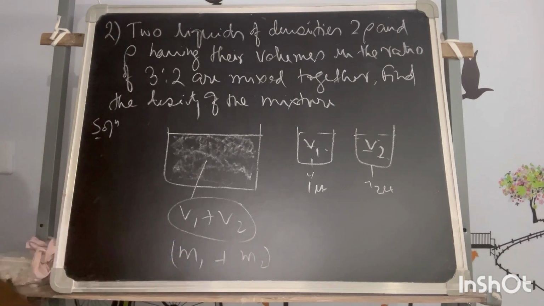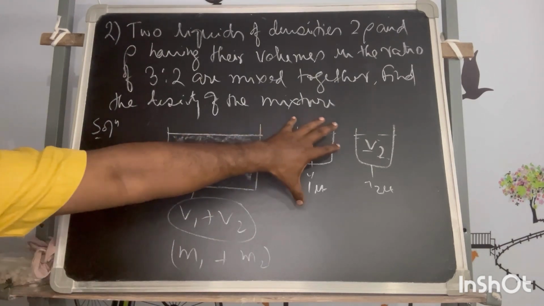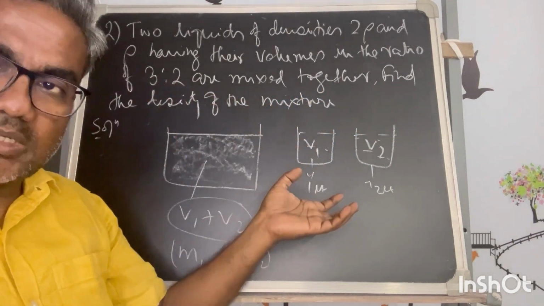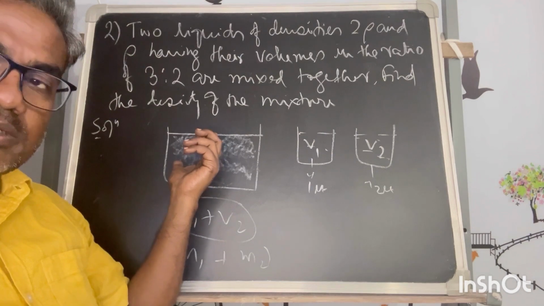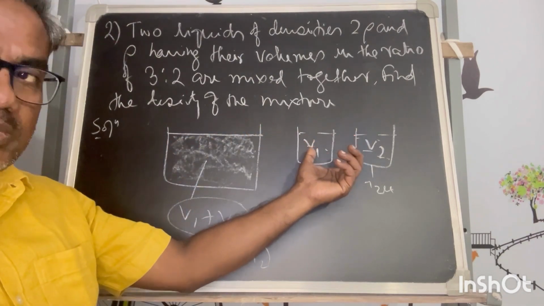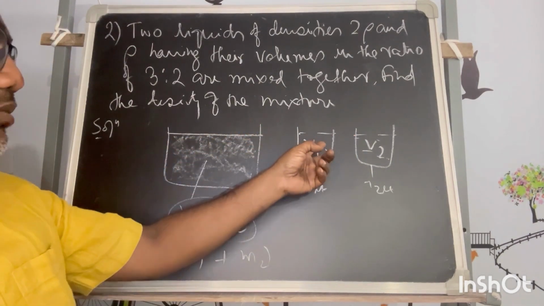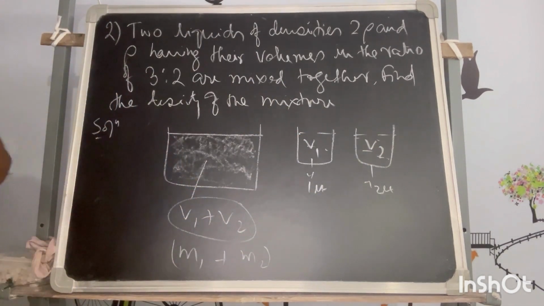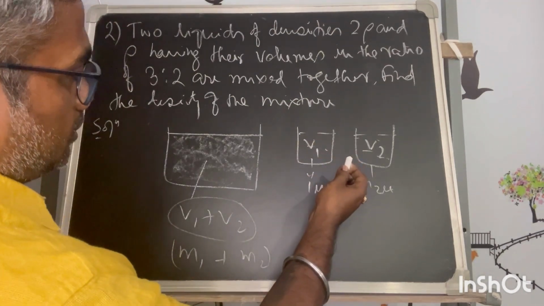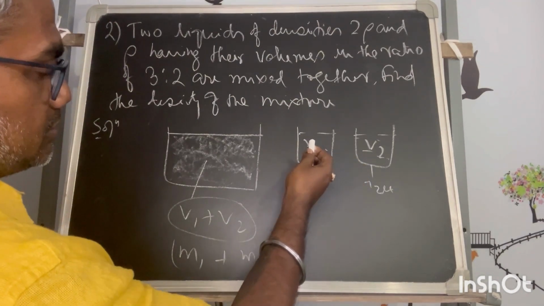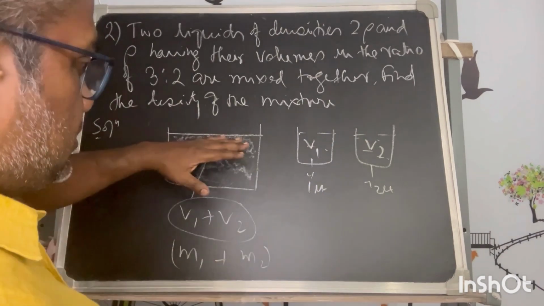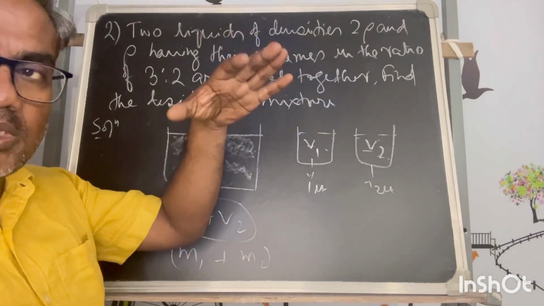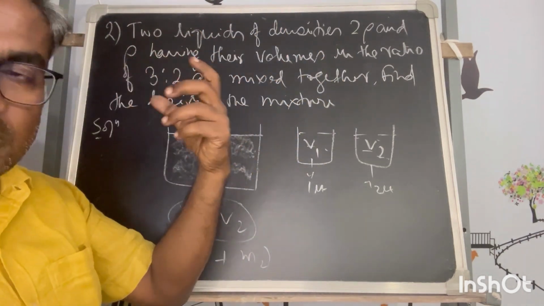So now the mass of this mixture will be the mass of these together, because I am not losing any mass, I cannot create mass. If mass is completely transferred, with no residue, whatever mass is there is the cumulative mass, and the volume is also cumulative, because in this process I am not compressing the liquids. Unless it is said to be a compressible fluid, we have to assume these liquids are incompressible.